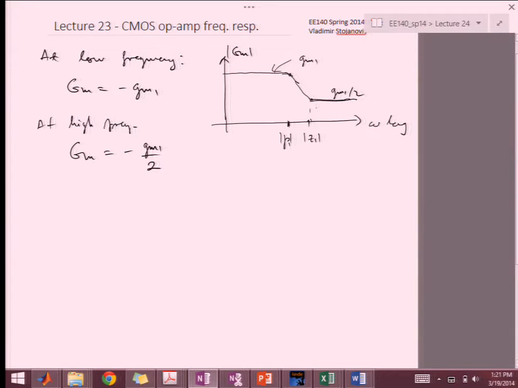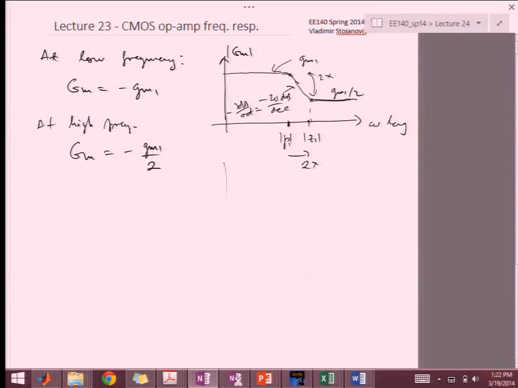Because these two are only 2x different, this difference is also 2x. Because you're going 20 dB per decade, or 3 dB per octave, 2x per octave, right? So this is minus 20 dB per decade, or minus 3 dB per octave.